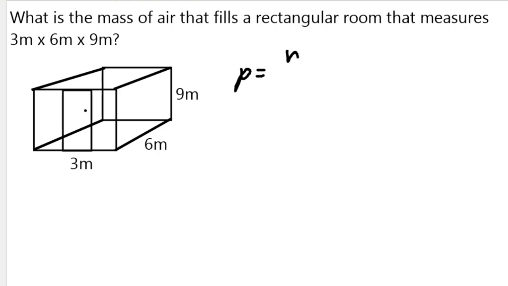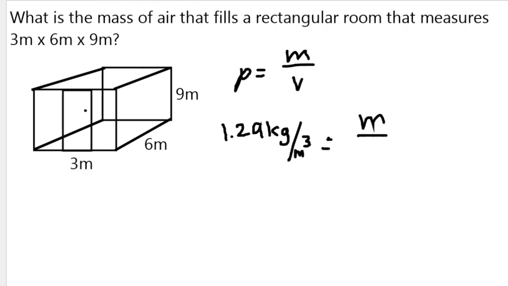What is the mass of air that fills a rectangular room that measures 3 by 6 by 9 meters? We all know that density is equal to mass per volume. We know the density of air, which is 1.29 kilograms per cubic meter, and the mass is what we're finding.